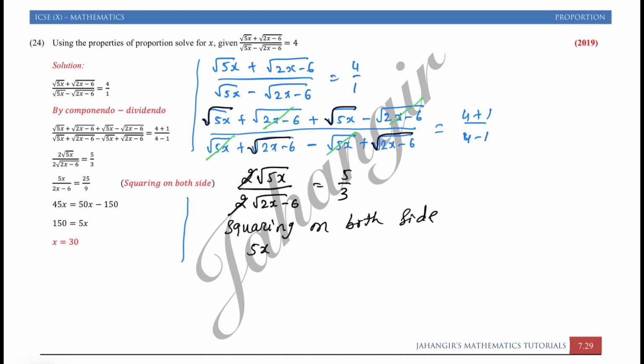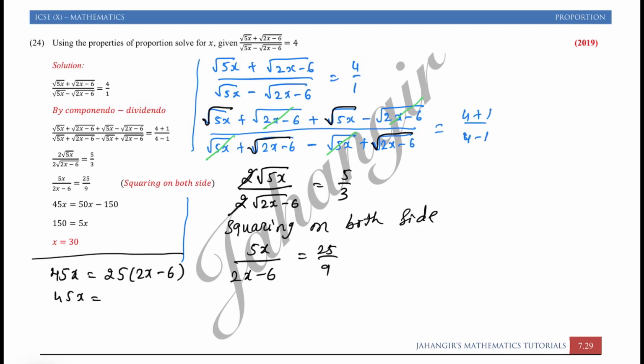Five x upon 2x minus 6 is equal to 25 by 9, since 3 square is 9. Cross multiplying, 9 5s are 45x is equal to 25 into 2x minus 6. So 45x is equal to 50x minus 150. 150 is equal to 50x minus 45x, that is 5x. So therefore x is 30.